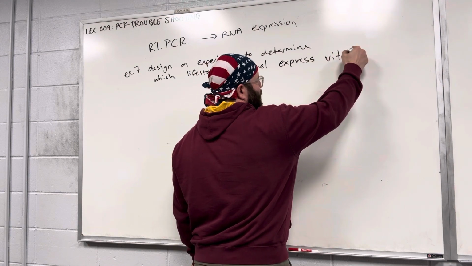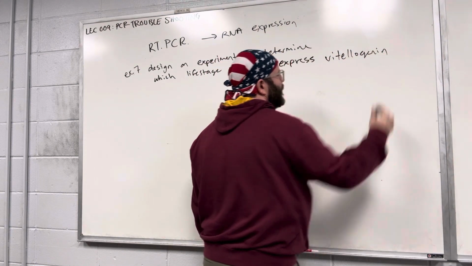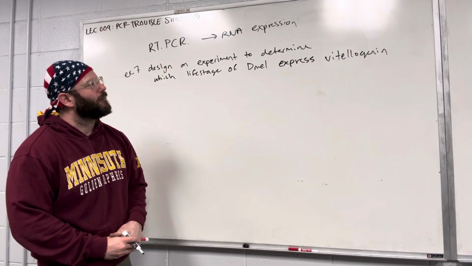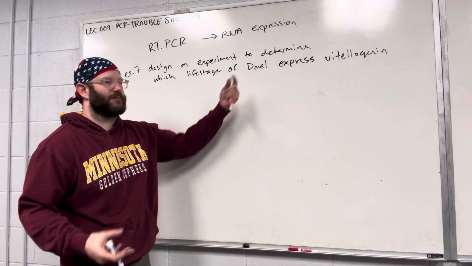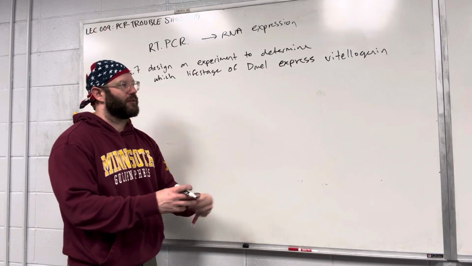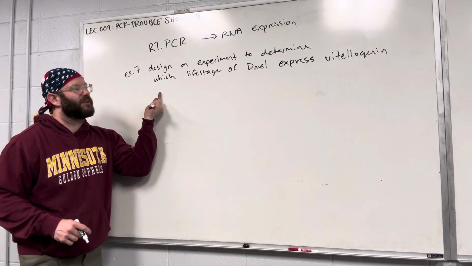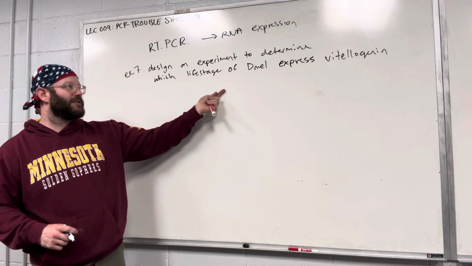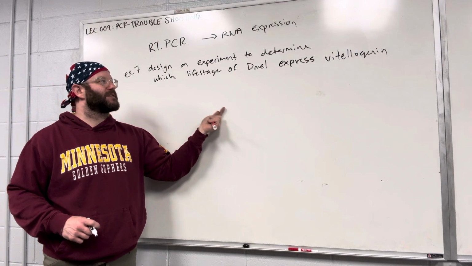Vitellogenin. Okay, so here's an important protein for having babies in Drosophila. It's an egg yolk protein, so it's important for them producing eggs. So I'm saying design an experiment to determine which life stage of Drosophila melanogaster expresses vitellogenin.